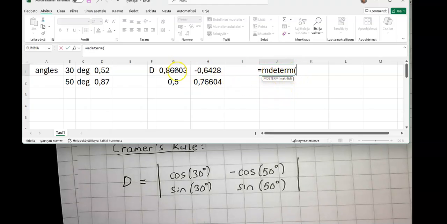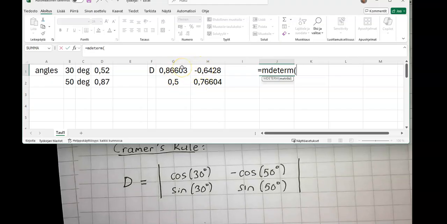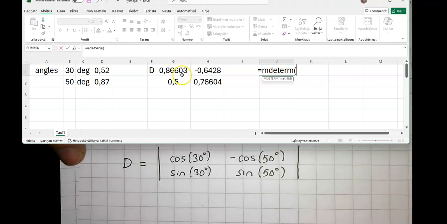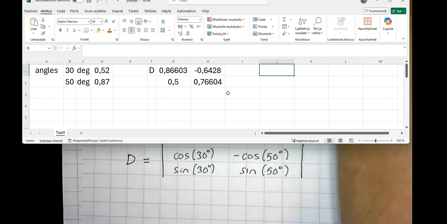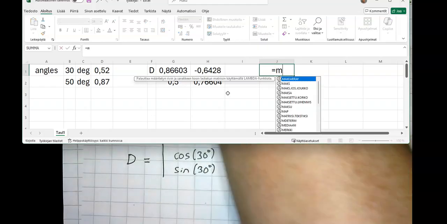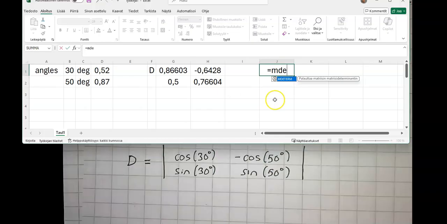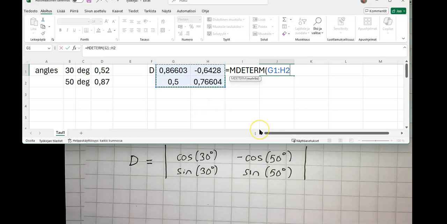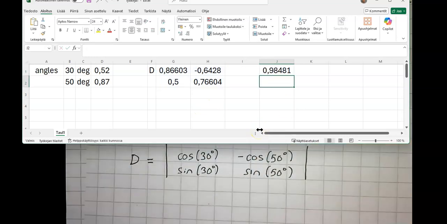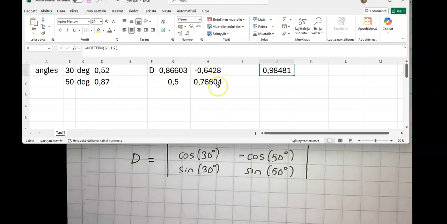This will give us the determinant of these four numbers here. So I started this by writing the m determ, and then I paint these four numbers, and that will give us the value of the determinant of this.